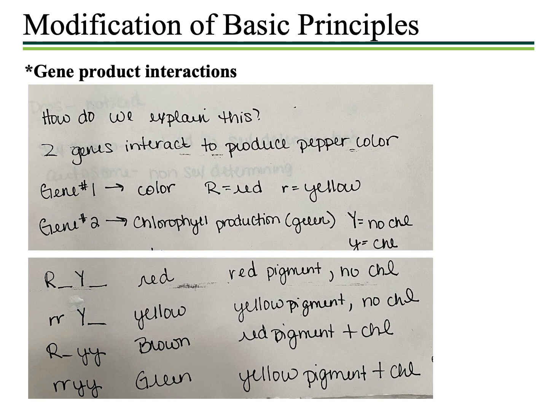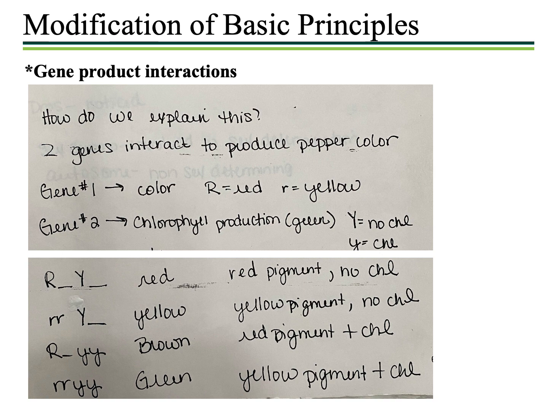However, if we take the example of being homozygous recessive for gene number 1, these plants are going to produce yellow pigment. So these plants will have yellow pigment being produced and no chlorophyll being produced, hence their phenotypic color is yellow.